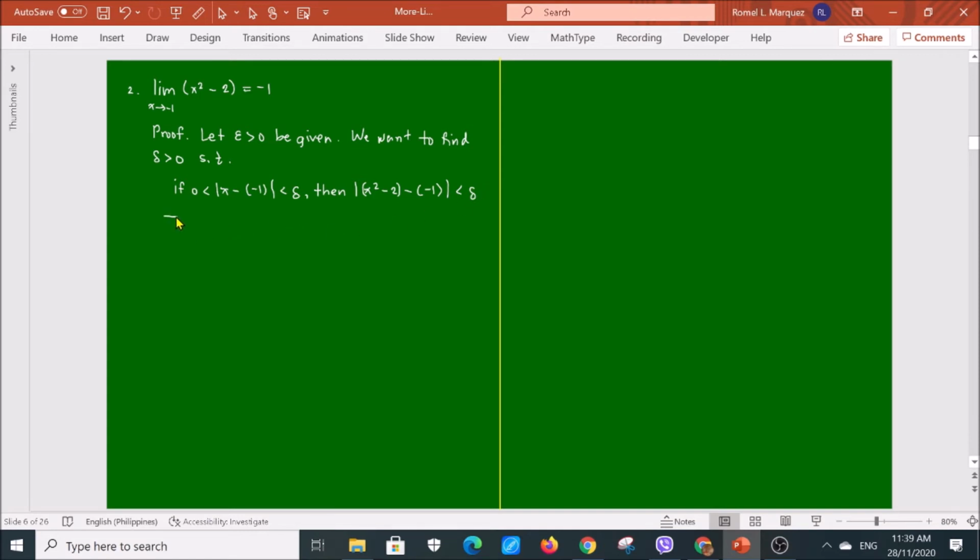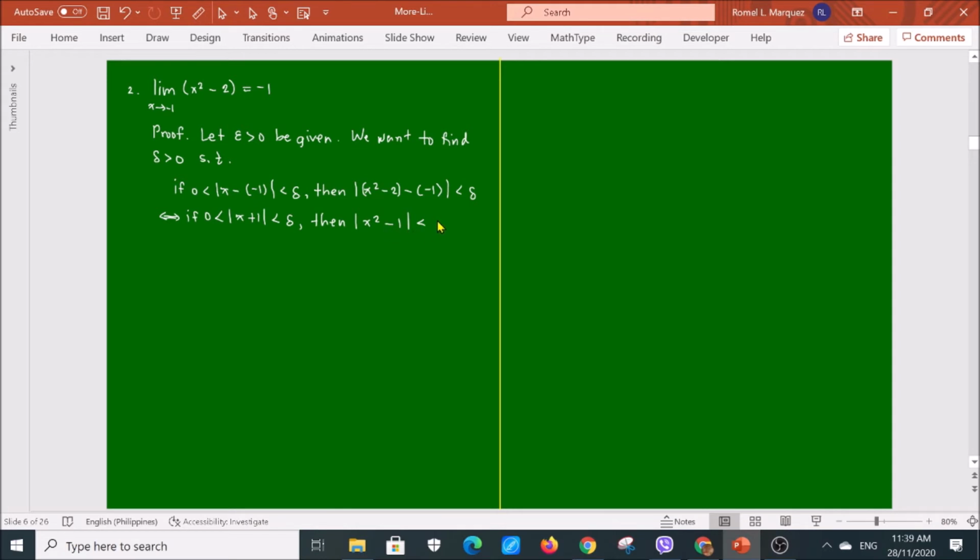Or equivalently, let's simplify this. If the absolute value of the difference between x and a, so that is x plus 1 now, no? When simplified, is less than delta, then we have x squared minus 1 less than epsilon. Is that correct? Right?